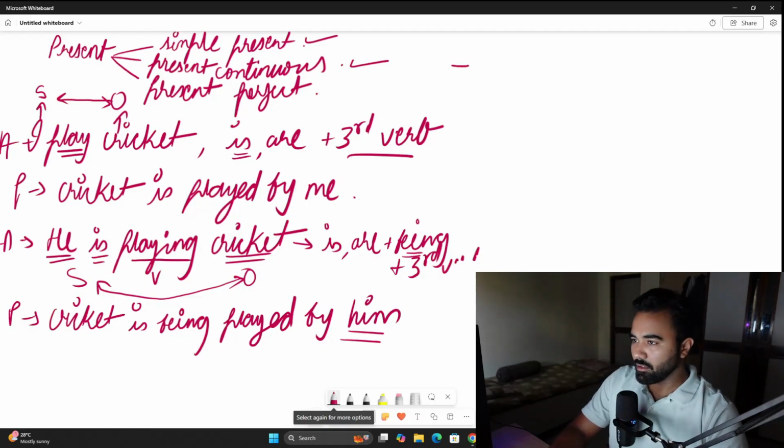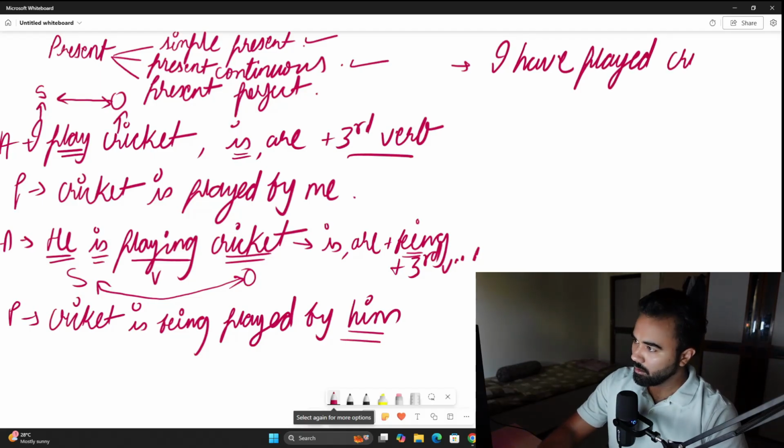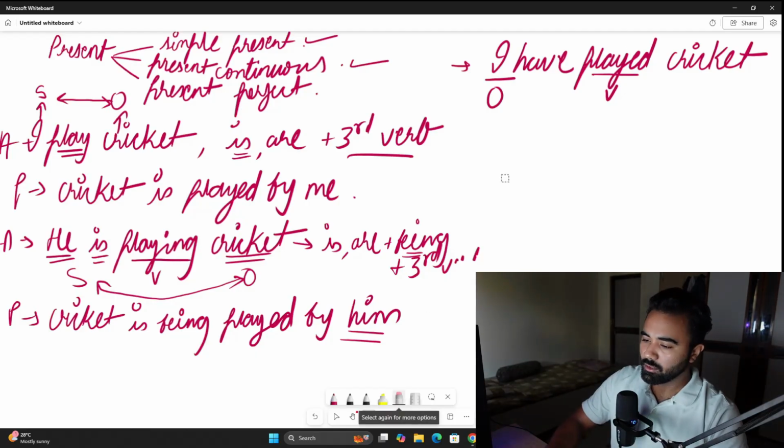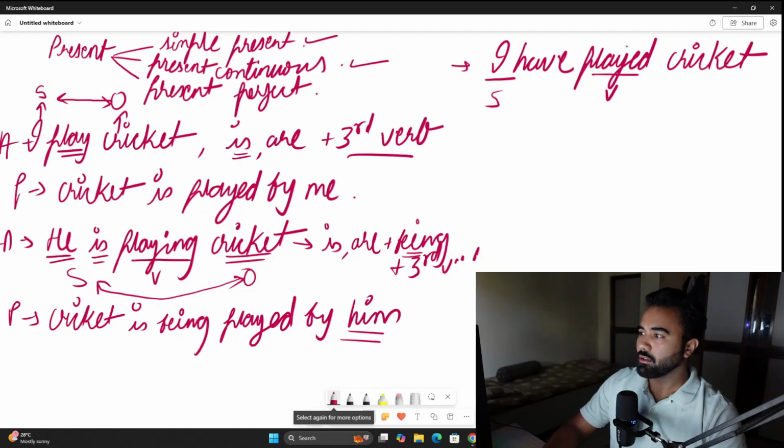Let me write an easier sentence, that is, I have played cricket. This is a sentence in the present perfect tense. Okay, first of all let me identify: this is the verb, this is the subject and this becomes the object. Again, we just need to transfer the object over here and the subject over there.